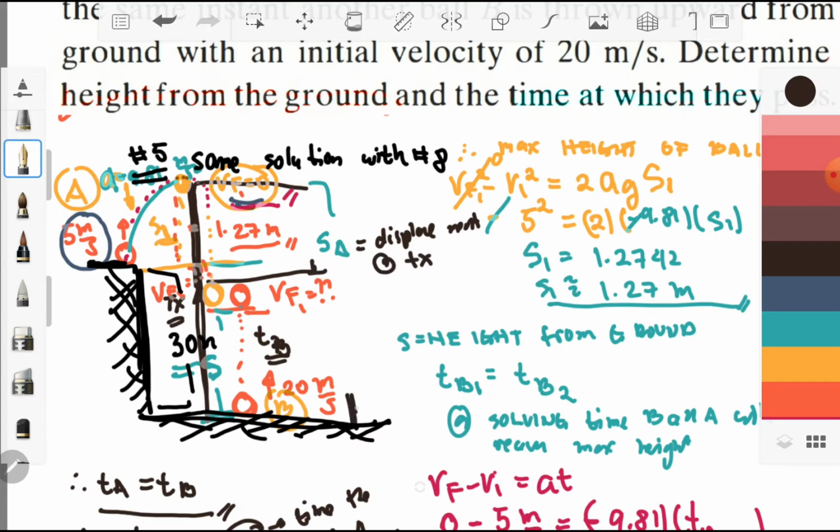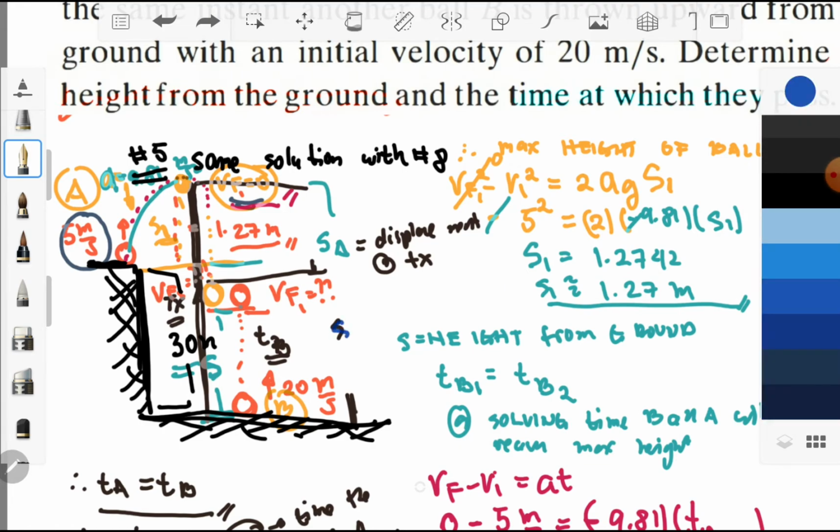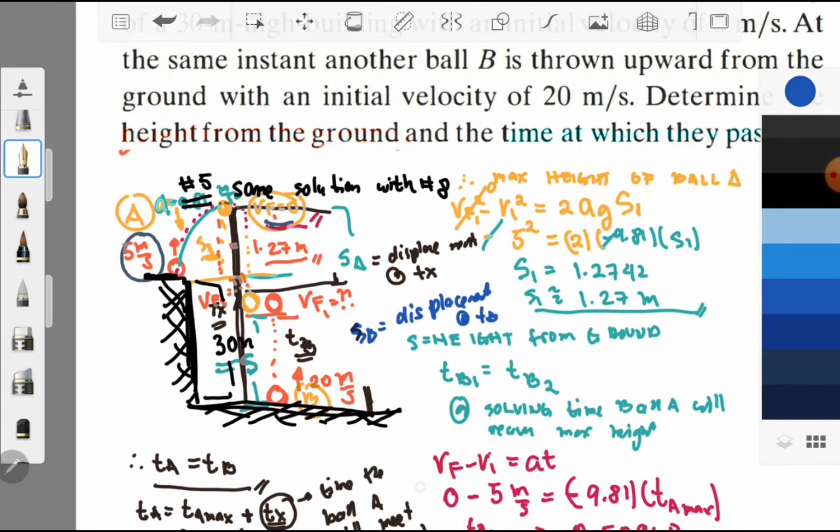And let's say this will be my SB. So my SB is my displacement at TB. Okay? So you will notice, we can easily get your TA and TB.